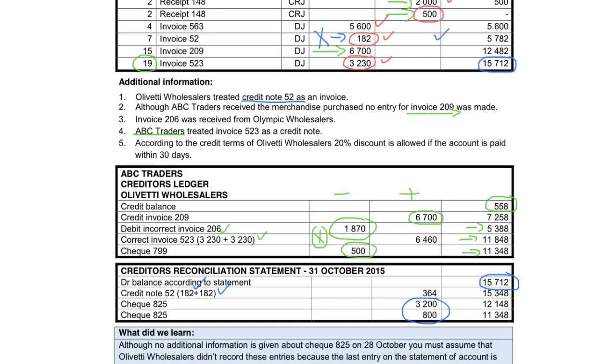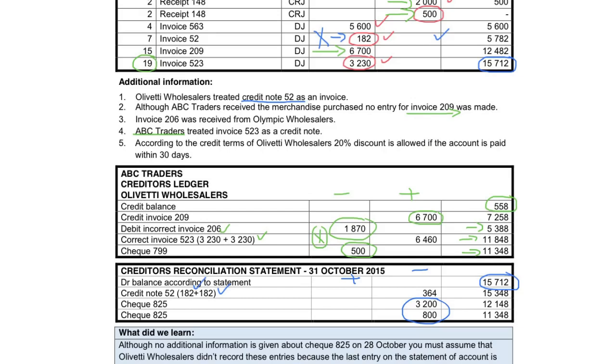They treat it as a debtor, so it increases on the debit side, decreases on the credit side. Because they didn't show this payment and they didn't show the discount, it means that the debt will be reduced.